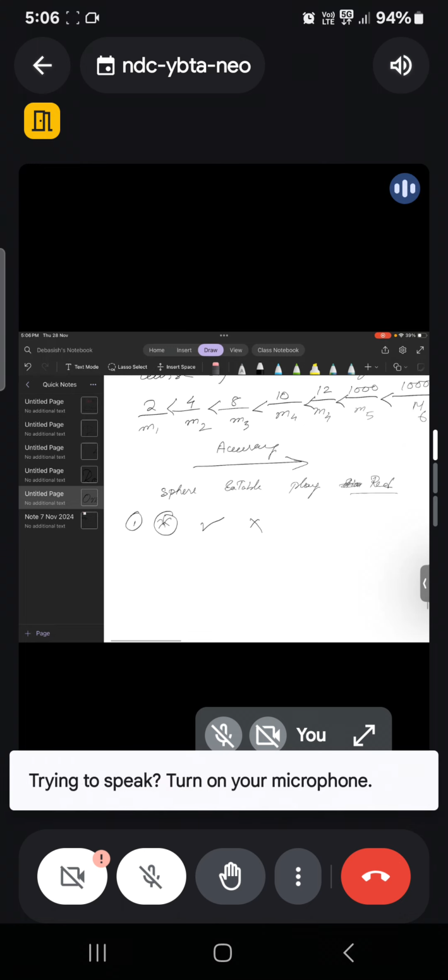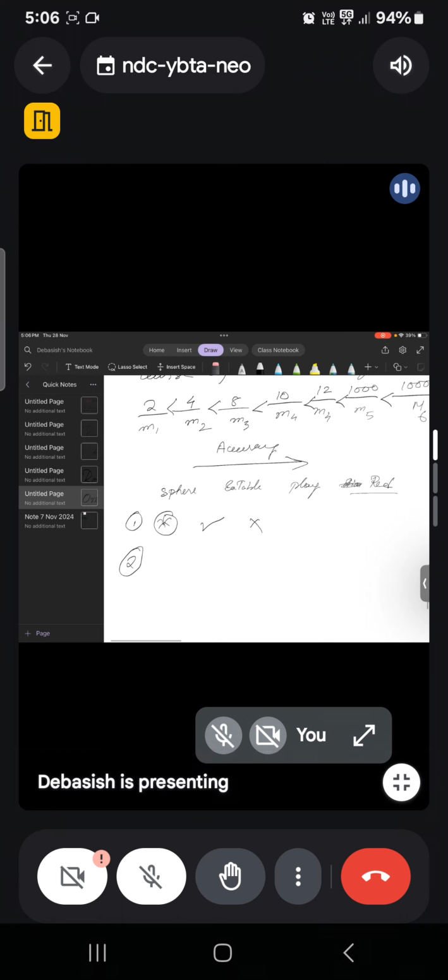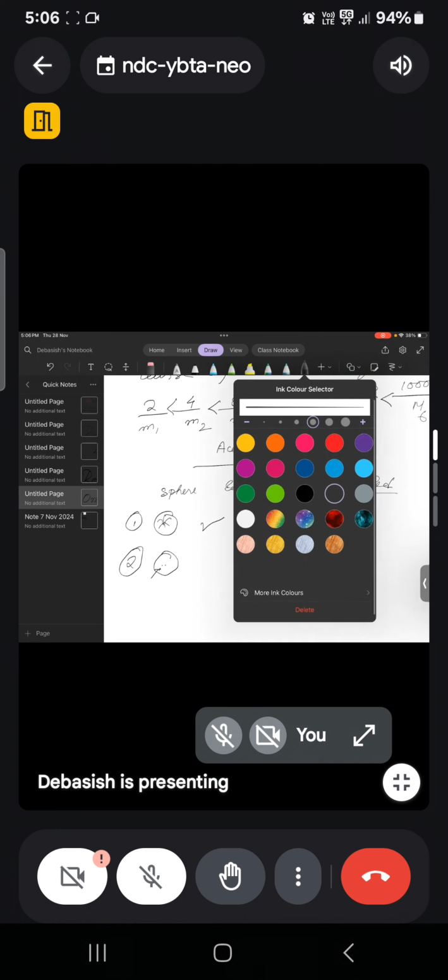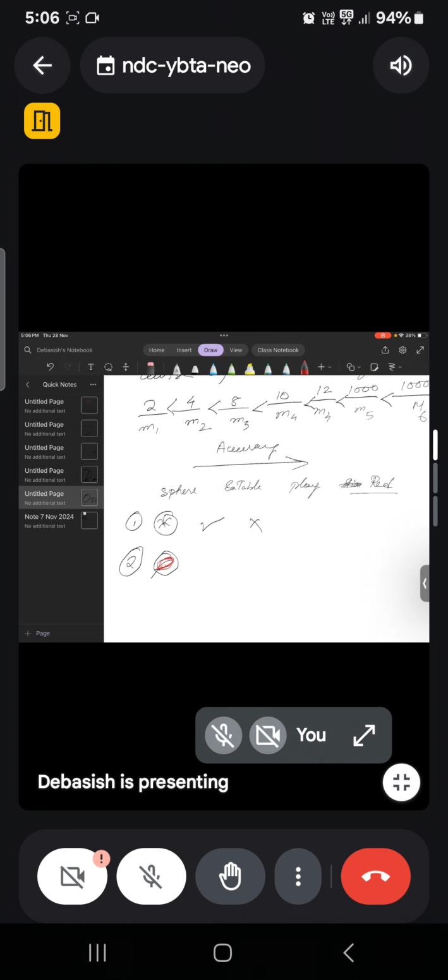Then we will take another ball whose color is also red. This is a red ball. It is a sphere. Eatable, no, it is not eatable.